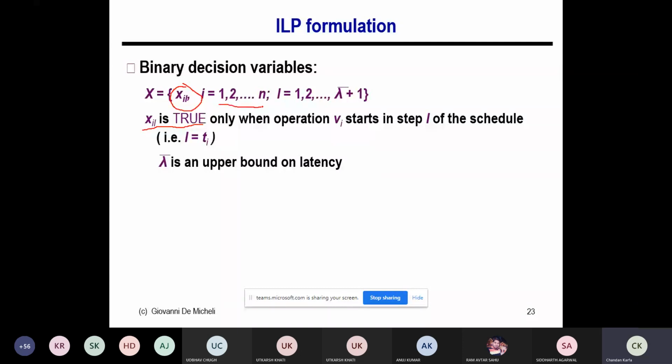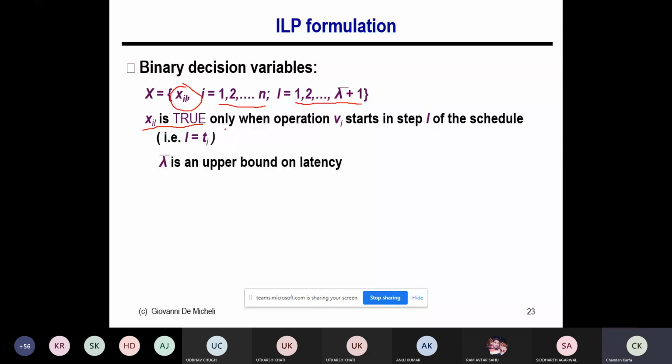And we have n number of operations, and the timestamp, if we assume that this lambda bar is the maximum number of timestamps needed, because lambda is something we have to minimize, our objective is to minimize this value of lambda. So the possible timestamp value is 1 to lambda plus 1, because lambda plus 1 is for the sink node.